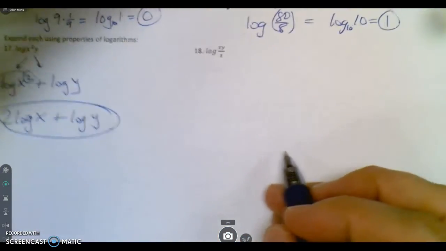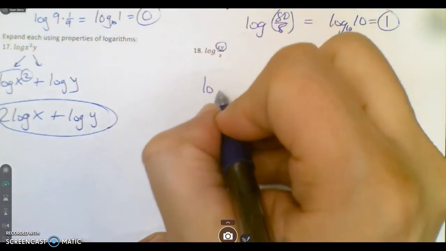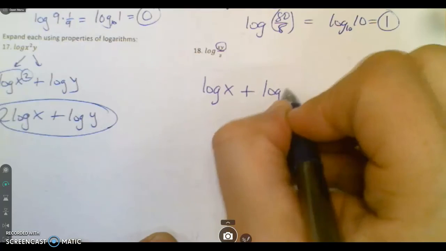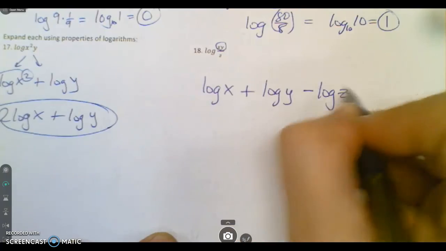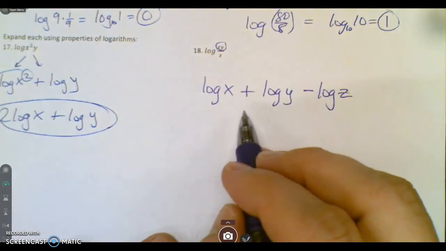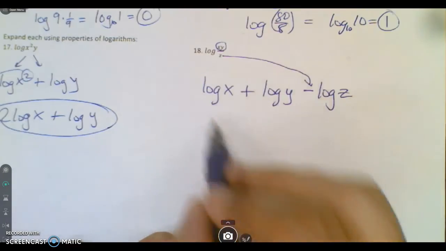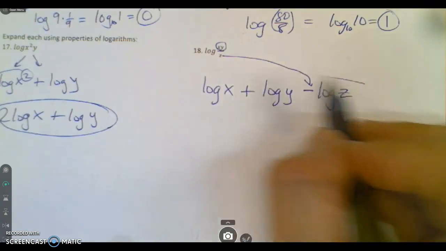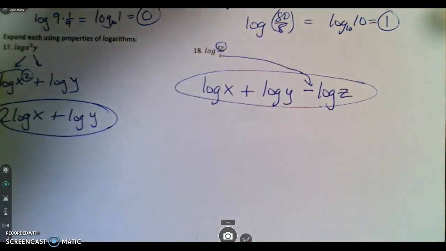Similarly, over here, if I see multiplication or any number on top gets a positive, so I'm going to have common log of x plus common log of y, and then minus common log of z. Because any number on the bottom is a negative exponent, so the z gets the minus sign. The two others are positive. You don't have to write a plus in front of it. That's just silly. I didn't have to deal with any exponents on that one.